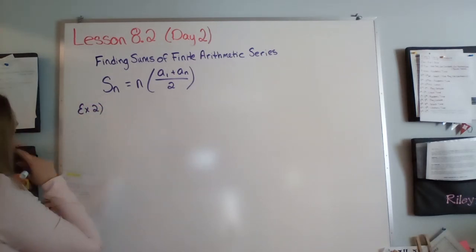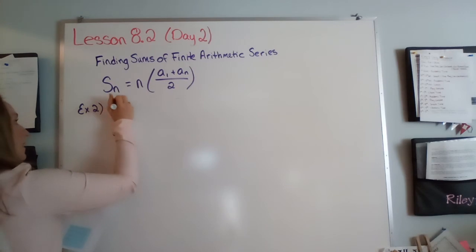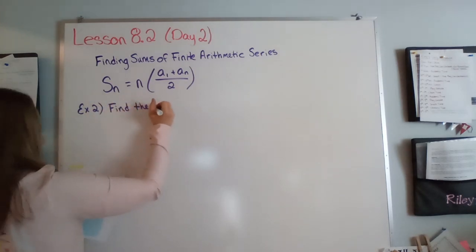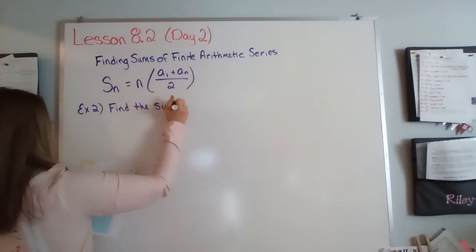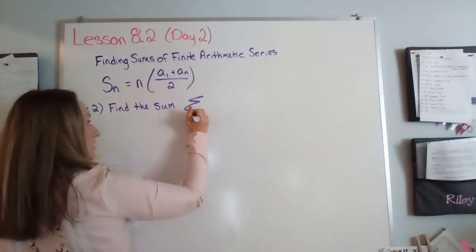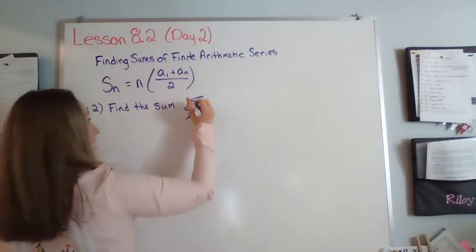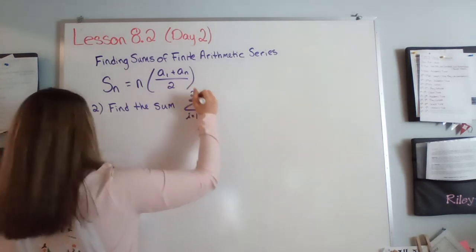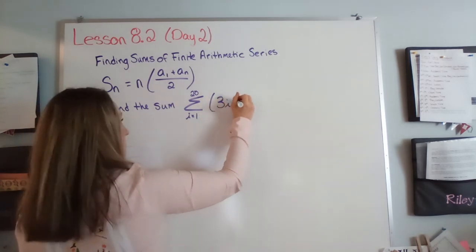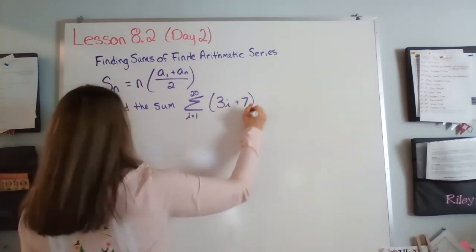Example 2 for today. I'm going to ask you to find the sum in summation notation. Lower limit is 1, upper limit is 20, and the rule is 3i plus 7.